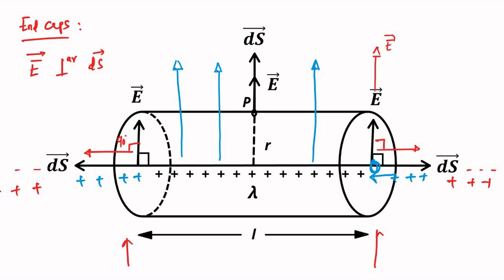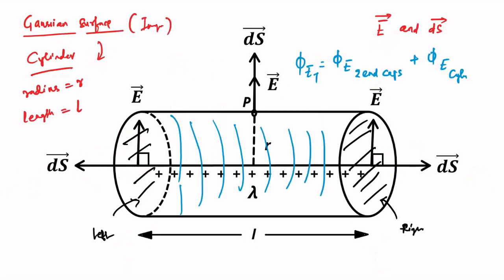We know that the area vector is always directed outwards, normally to the surface. We have discussed in electric flux that the area vector is always directed outwards. So if we have this area, the area vector will be directed in this direction.